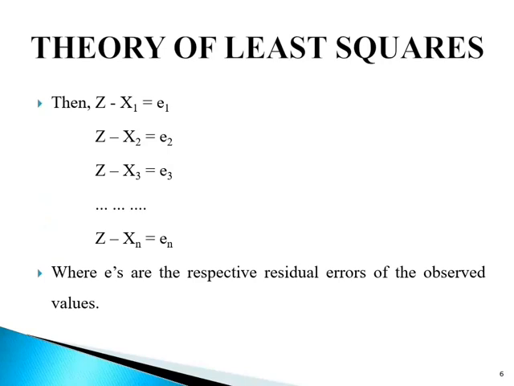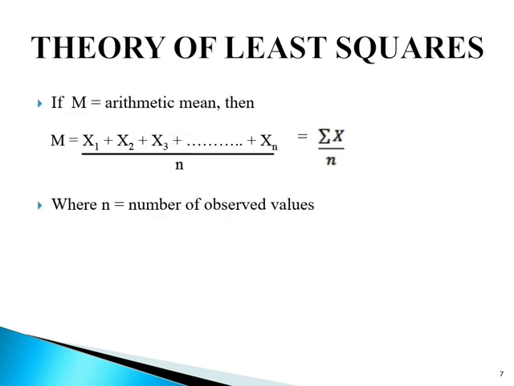Then z minus x1 is equal to e1, z minus x2 is e2, z minus x3 is equal to e3, up to z minus xn is equal to en, where the e's are the respective residual errors of the observed values. This will be our equation number 1.